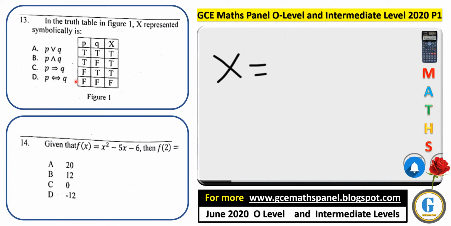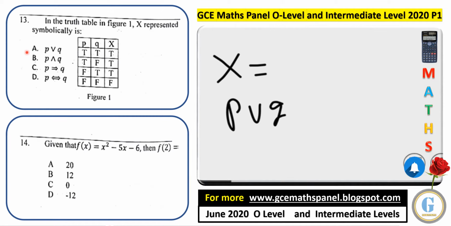This type of statement is the OR statement, because the OR statement is only false when both are false. So this is P or Q, the OR statement.